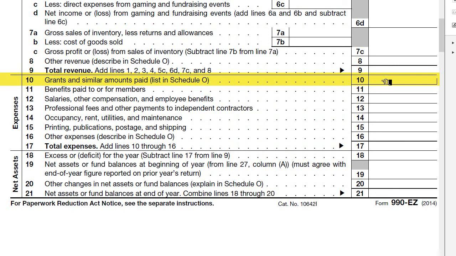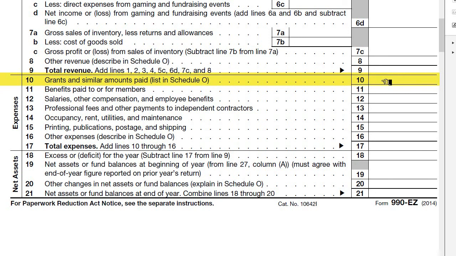Scholarships paid to individuals or to colleges would go here for the benefit of an individual. If you paid a service provider, let's say you paid a doctor to treat an indigent person, that payment would go here because it's a grant for the benefit of a person.